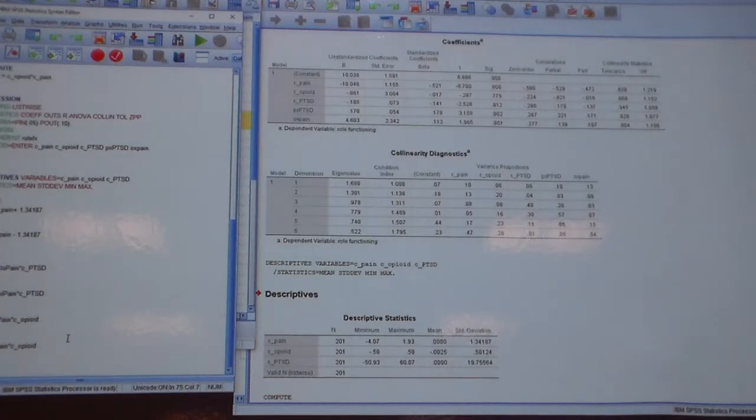pain plus opioid plus PTSD plus pain times PTSD plus pain times opioid use, right?